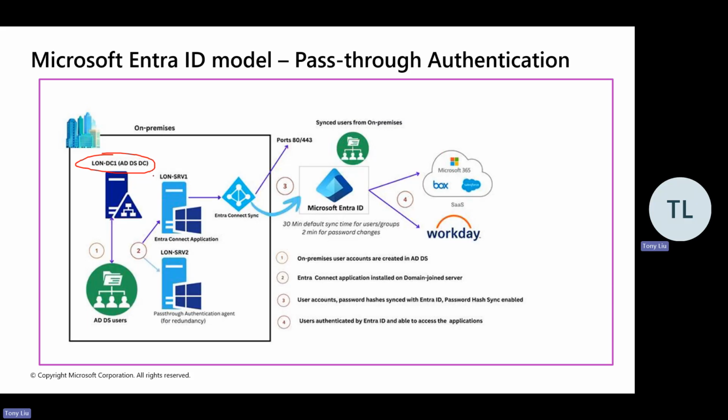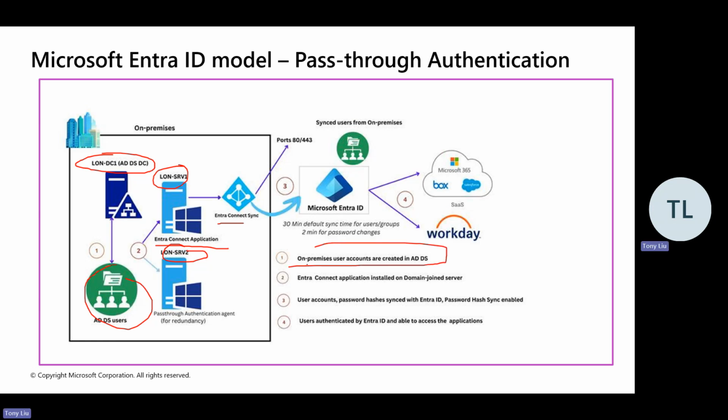So they have London DC1, London server 1, London server 2, and the users. Doesn't matter whether it's London or another location, it's the same as we set it up. So we have AD users, domain controllers, servers, the Entra Connect application, and Entra Connect sync.